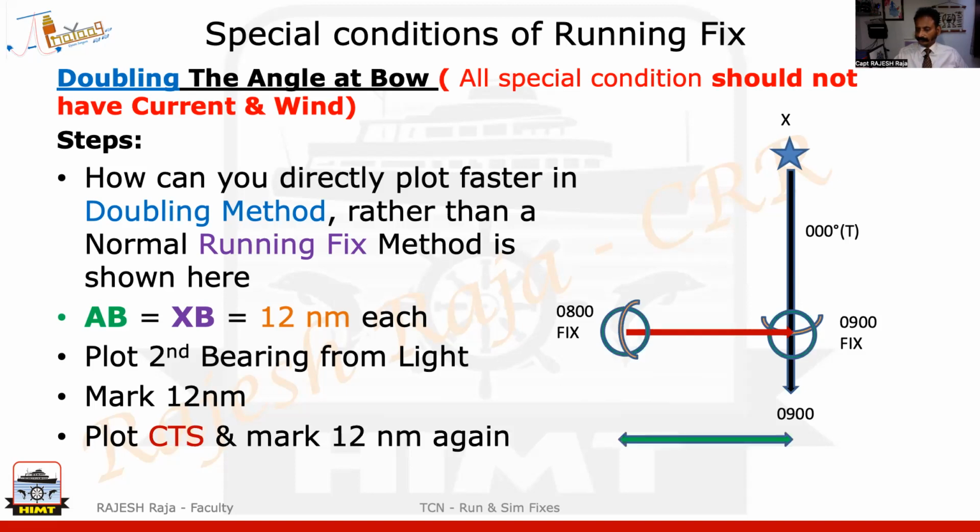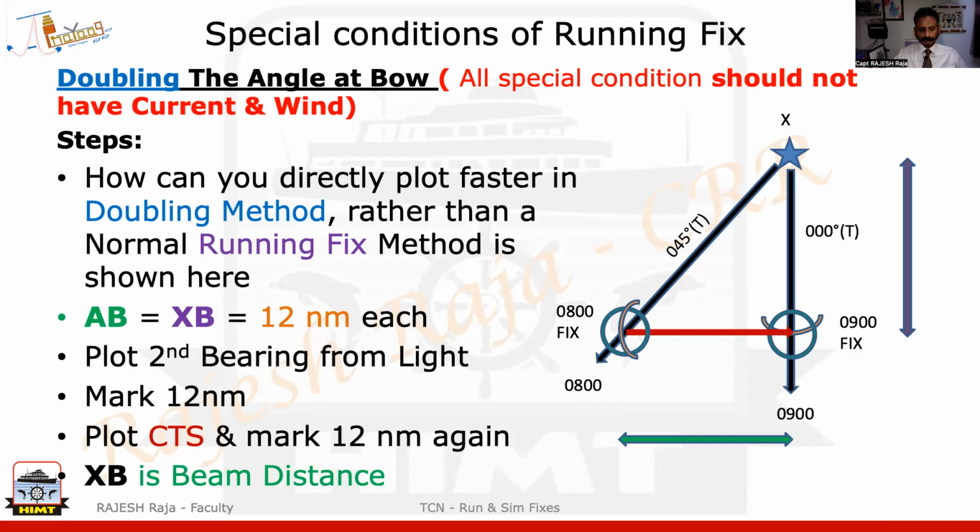And if you see, this distance AB is equal to XB. For the ease of completing the question, I can always join these two and you will get your original 8 o'clock bearing also. So this is how you can approach a doubling of angle on the bow rather than going by the normal running fix method.